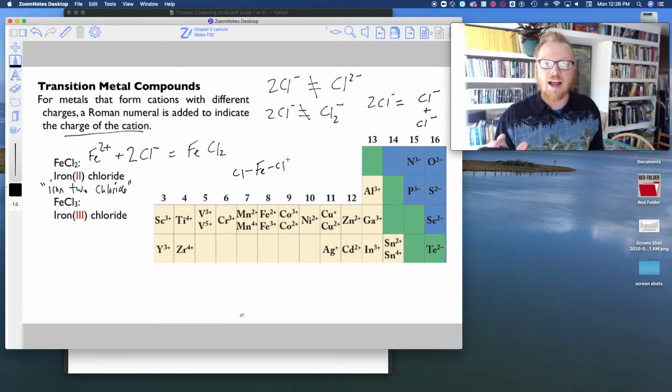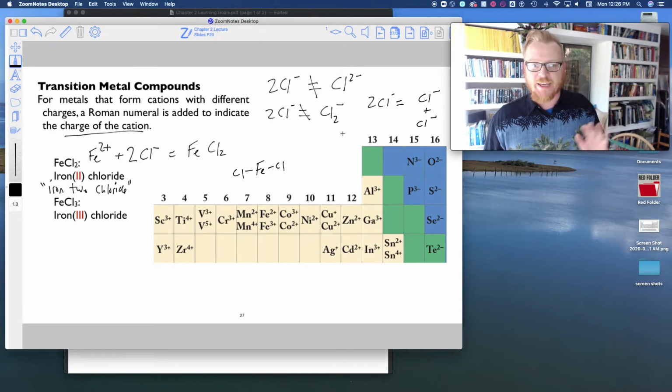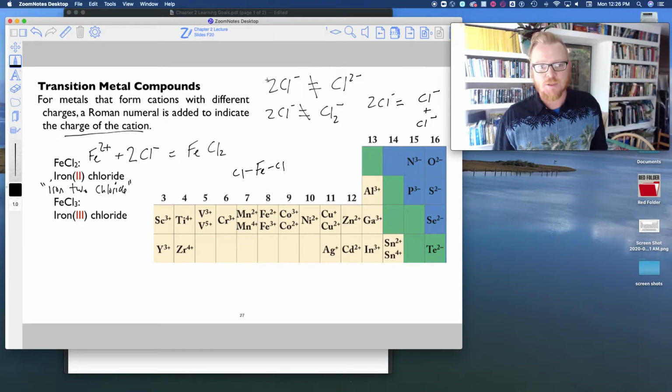So keep track of all of that, because some of you are going to screw it up, and that's okay. You're learning, you're beginning. But keep track of this. 2 Cl minuses does absolutely not equal Cl2 minus, okay? 2 Cl minuses absolutely does not equal Cl raised 2 minus. But 2 Cl minus definitely does just equal 2 individual Cl minuses, okay?